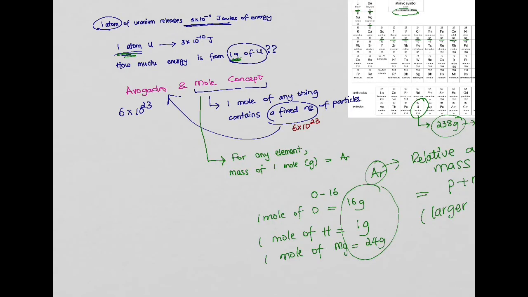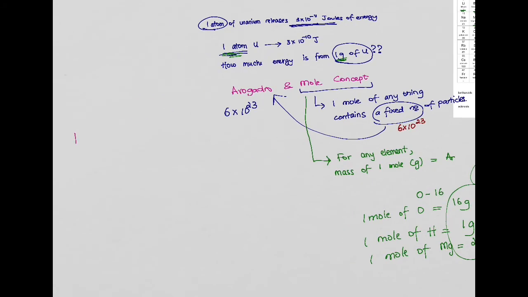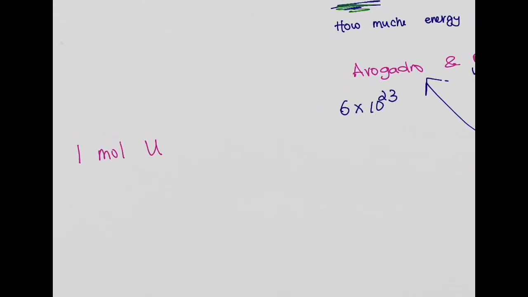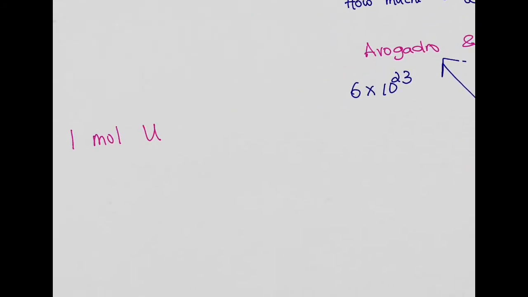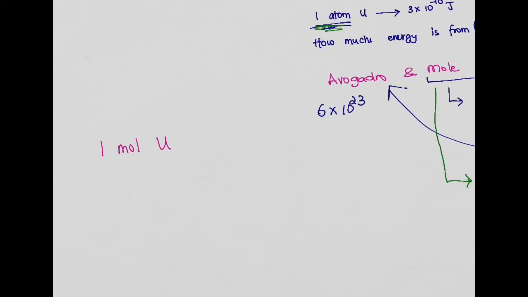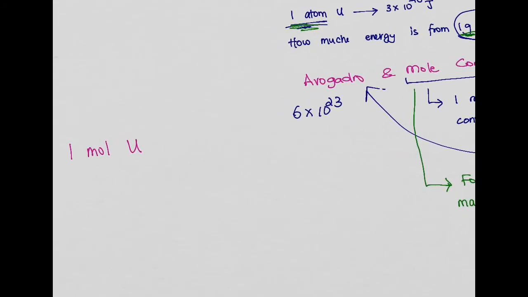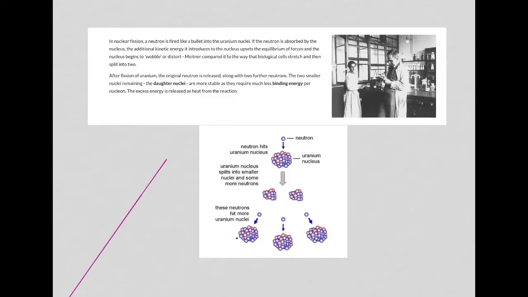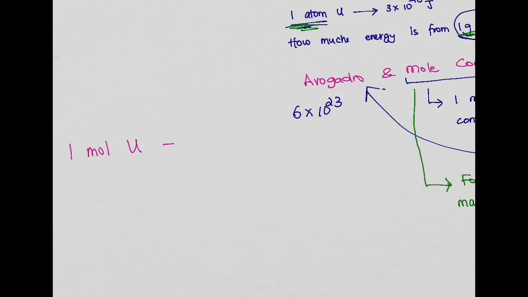So let's see how these 2 pieces of information help us for our calculation. So 1 mole of uranium, mole can be abbreviated as MOL. So MOLE is the full term, MOL the abbreviated form. So 1 mole of uranium is 238 grams based on the periodic table.